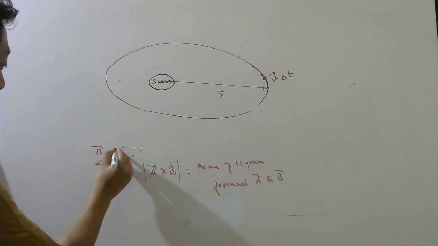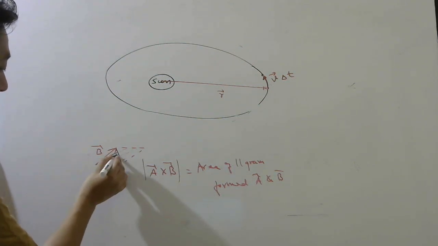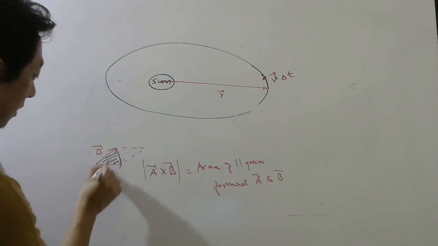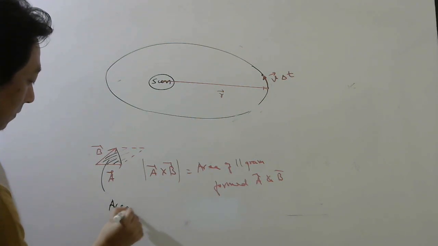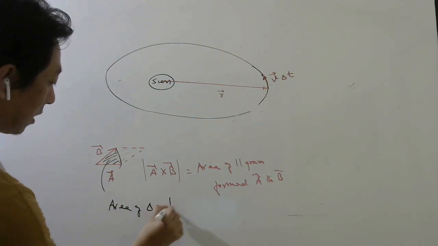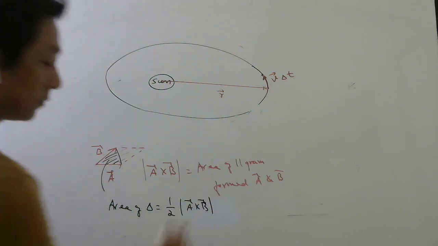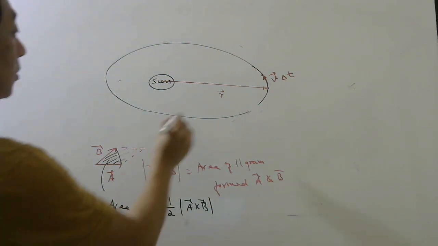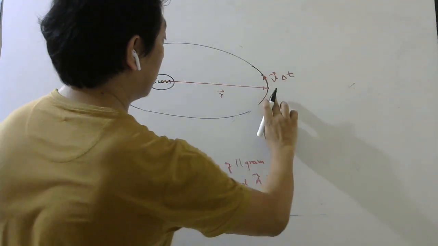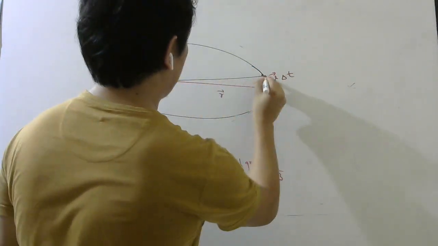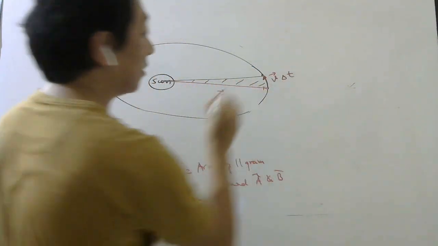That means if you calculate this area, then the area of this triangle will be half of this cross product. So if I take this vector cross this vector, I will get the area of this triangle.